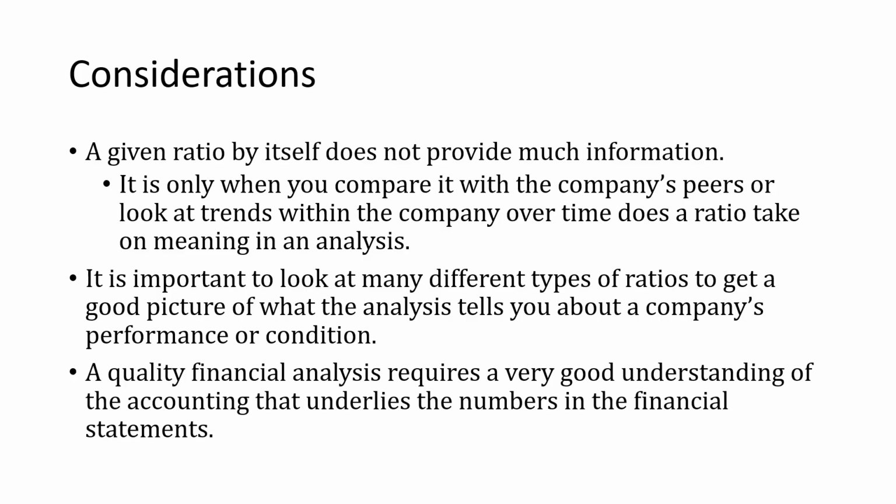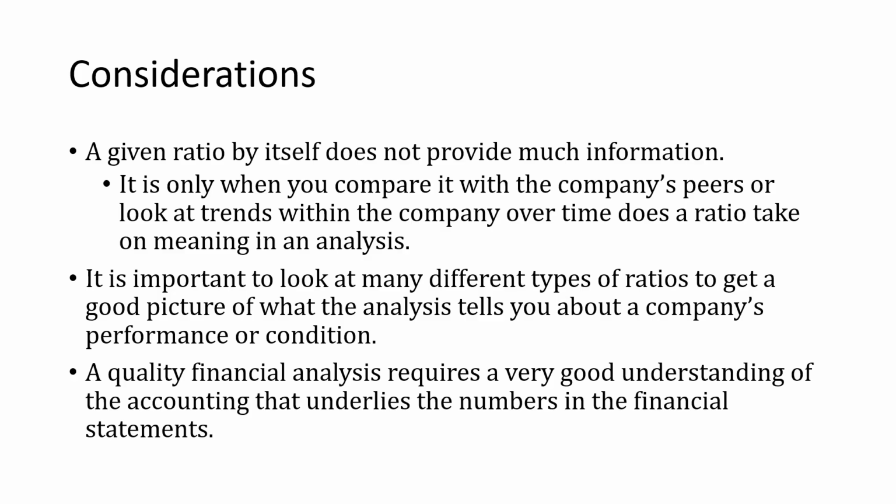Now one thing to keep in mind is that a given ratio itself does not provide much information. For example, if I tell you that the current ratio of a company is 2.0, we can't interpret if that's really good or bad. Yes, it says that you could probably cover your current liabilities, but we can always think of a lot of exceptions where that really wouldn't be the case.